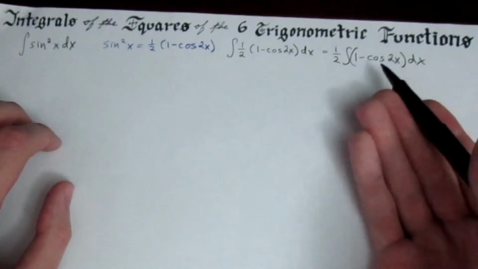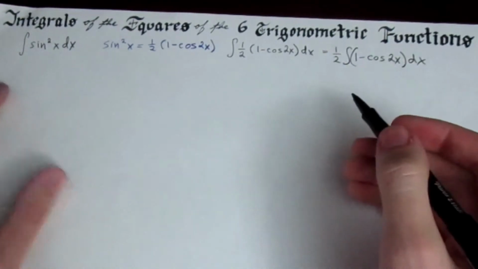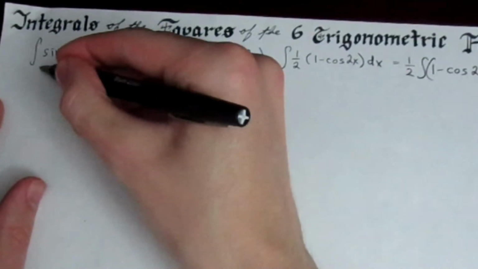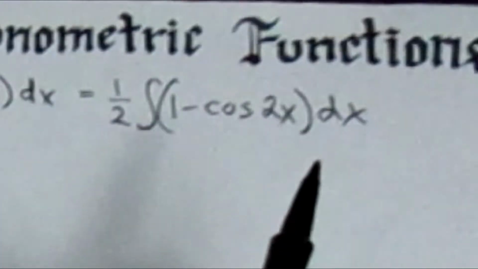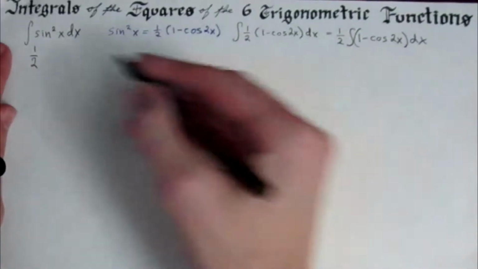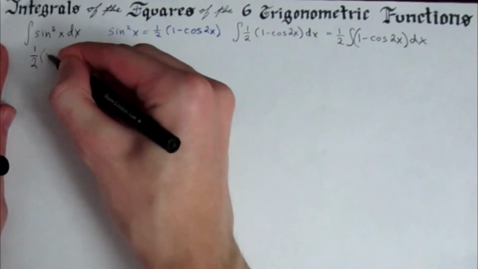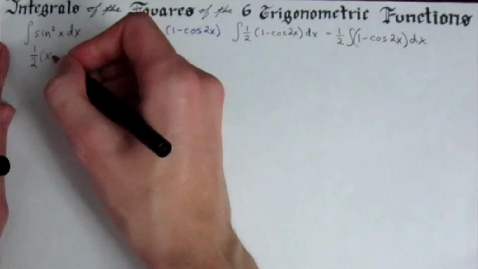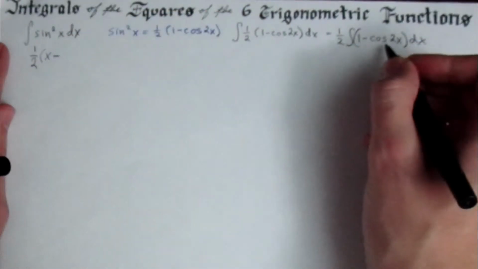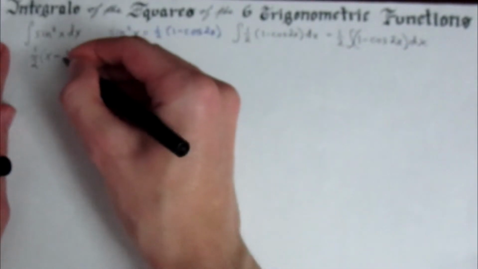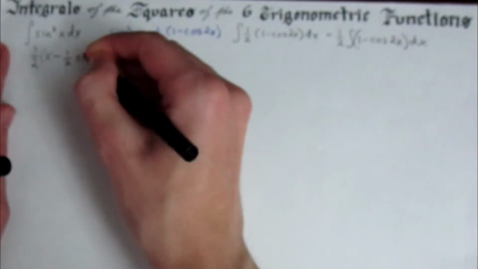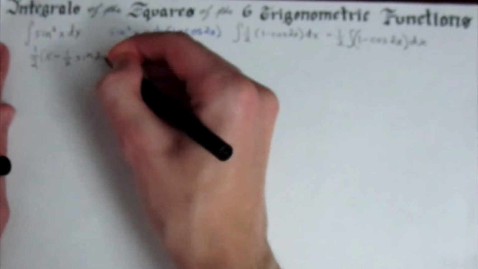Now I'll just integrate it using the power rule. This equals 1/2. The integral of 1 with respect to x is just x, minus the integral of cosine 2x, which is going to be 1/2 sine of 2x.